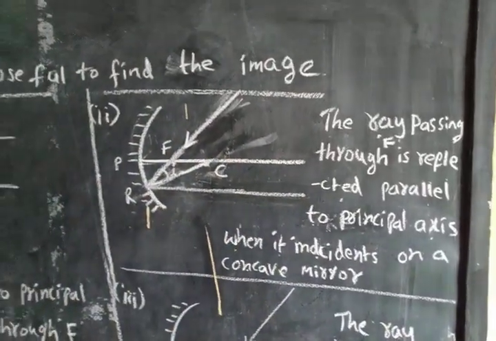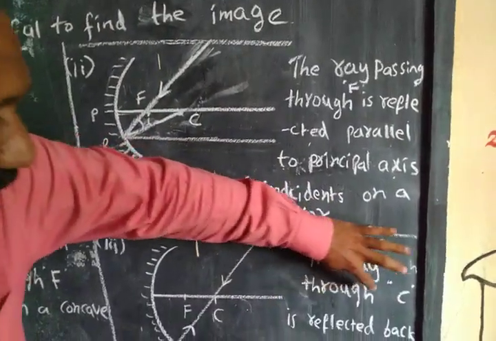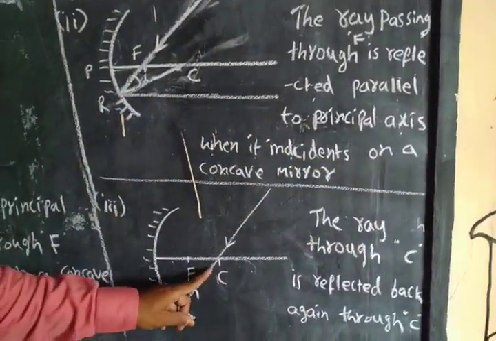Now coming to the third ray, the ray passing through C, the center of curvature.